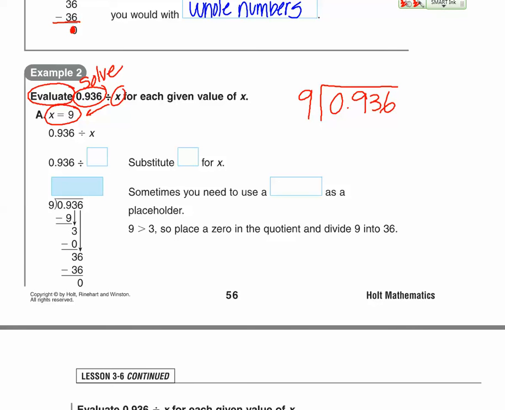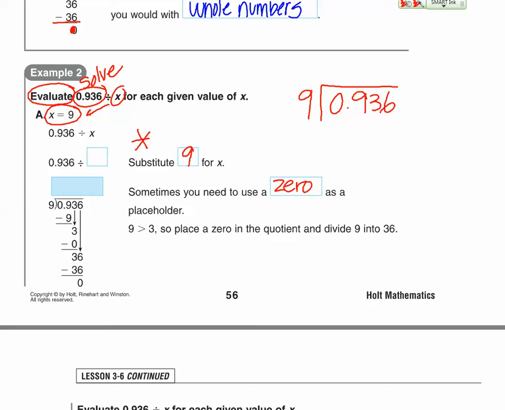And so we do the math. First, to start off here with our steps to follow, we're going to substitute 9 in for x. Okay. Keep in mind, sometimes you're going to need to use a 0 as a placeholder. I'll show you where that is. Okay. So let's do the math.